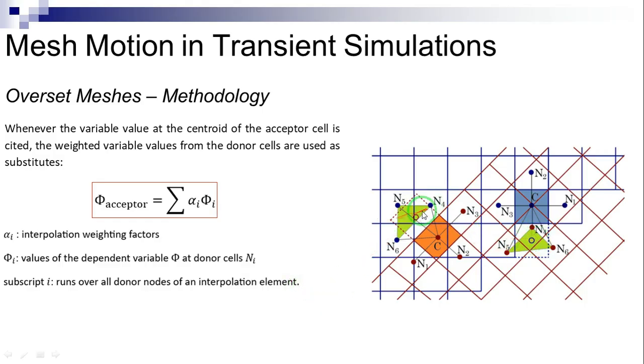This way, the algebraic equations for the cell C in this figure involve three neighbor cells from the same mesh, N1 to N3, and three cells from the overlapping mesh, N4 to N6.